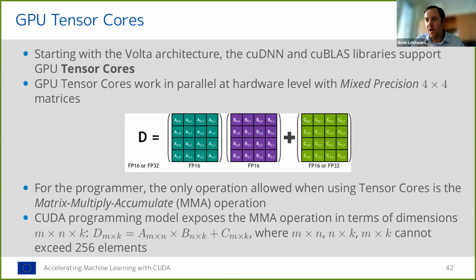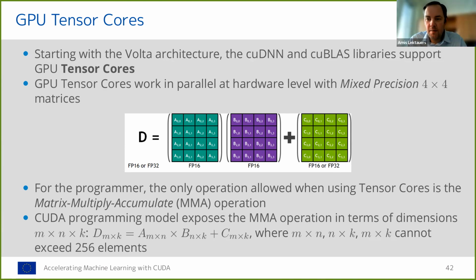If we have larger matrices, the larger matrix is split into subblocks, resulting in 4x4 matrices. So a large matrix is calculated based on splitting into smaller matrices.